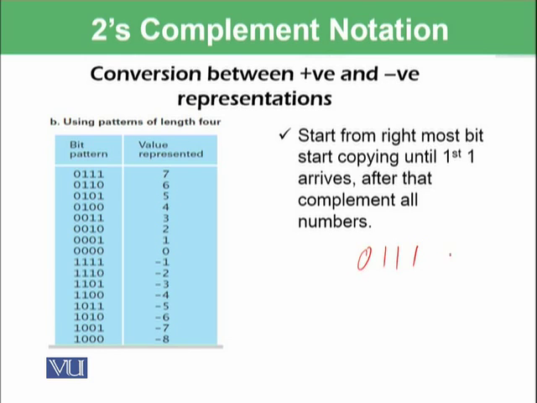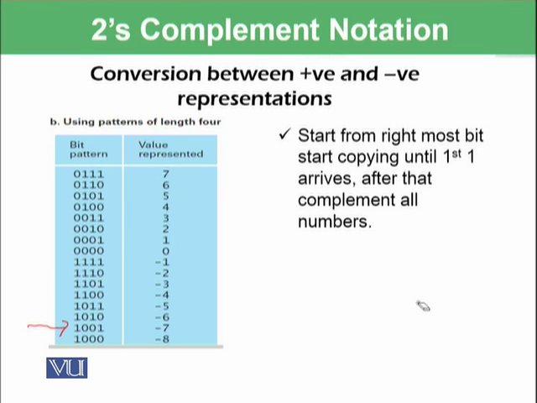You start from the right side until the first 1 is reached. We reach the first 1 immediately, and after that all of the 1s are changed to 0 and 0s are changed to 1. This forms 1001, which represents -7. Let's see another example.